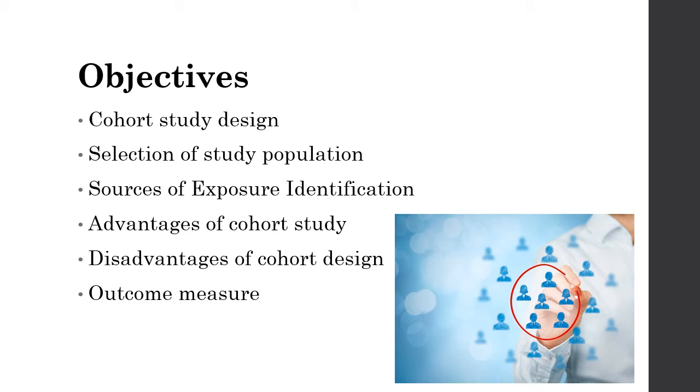And then we will try to talk a little bit about the advantages and the disadvantages of this type of study designs compared to the other two that we have already mentioned in the previous lectures. And then we also would like to understand what is the outcome measure that we use usually to report results in cohort type of studies.